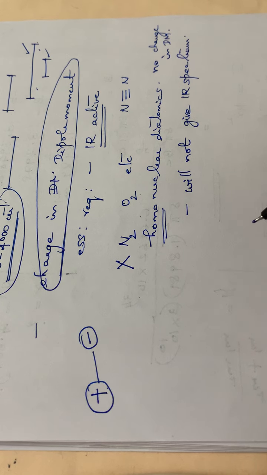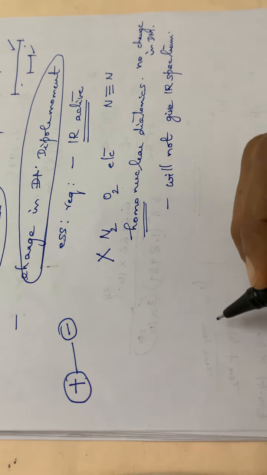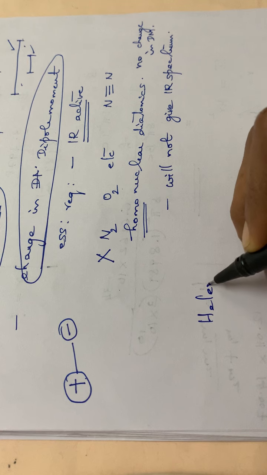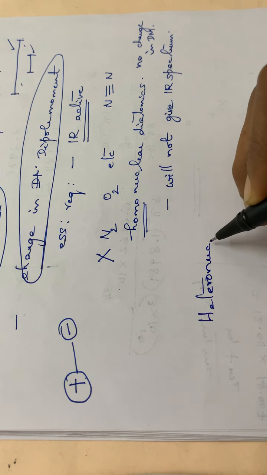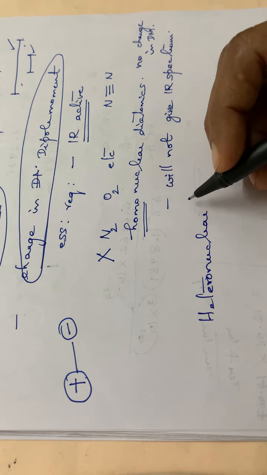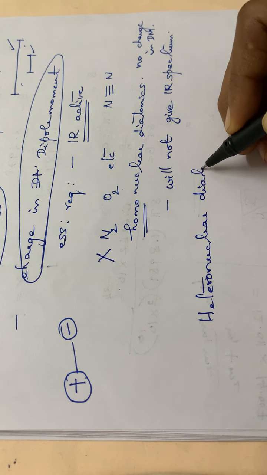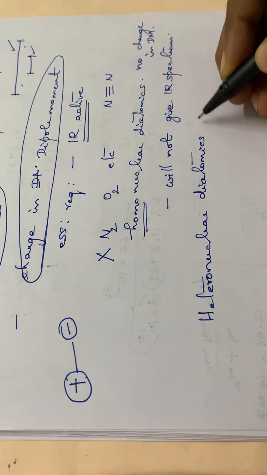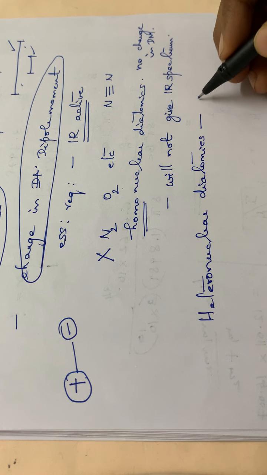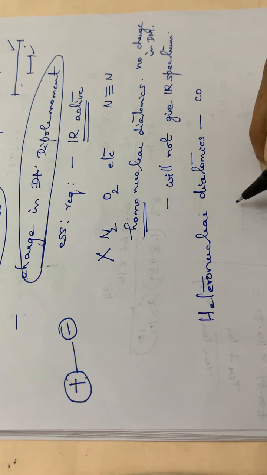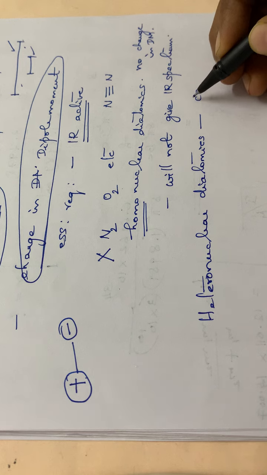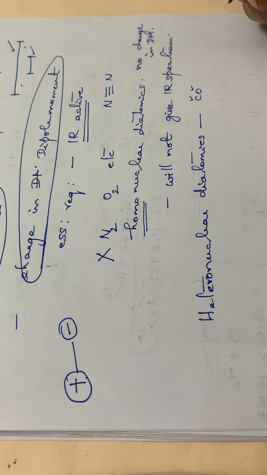Then what type of molecules will give an IR spectrum? They will be heteronuclear diatomic molecules. Heteronuclear means different atoms. Heteronuclear diatomic molecules will give an IR spectrum. For example, carbon monoxide has one carbon atom and one oxygen atom.